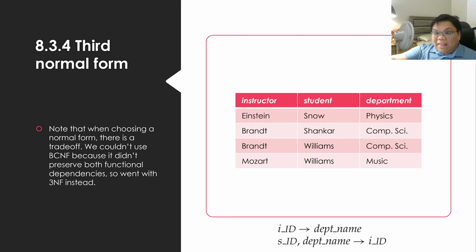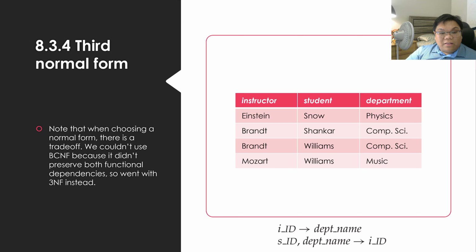So this is not in Boyce-Codd normal form because that first condition would fail, and trying to decompose it would result in the second condition no longer being valid. So, if we can't use Boyce-Codd normal form, let's just try third normal form. When it comes to choosing a normal form, there's going to be some trade-off.